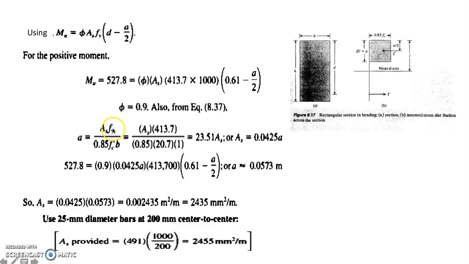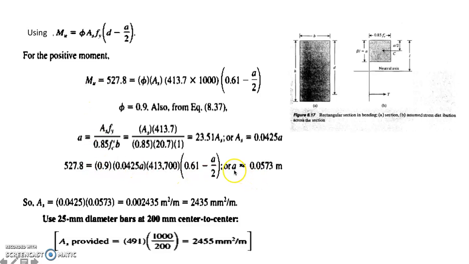You could try to simplify this. From this equation, you get A sub S is equal to 0.425 of A. This equivalent expression, substitute to this equation, and you substitute the value for the factored moment.